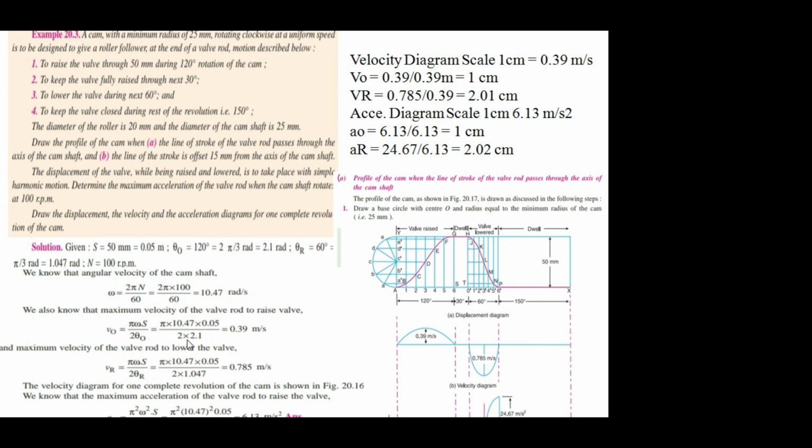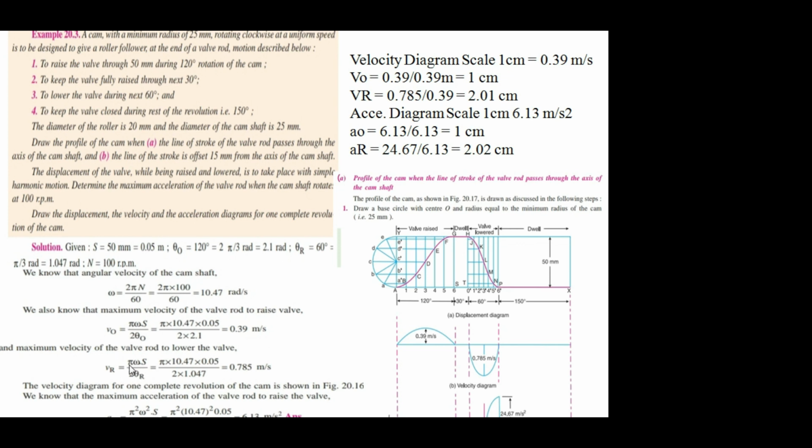So theta O is equal to 120 degree into pi by 180. The magnitude is 2.1 radians. So you will get velocity of the follower during outstroke 0.39 meter per second.